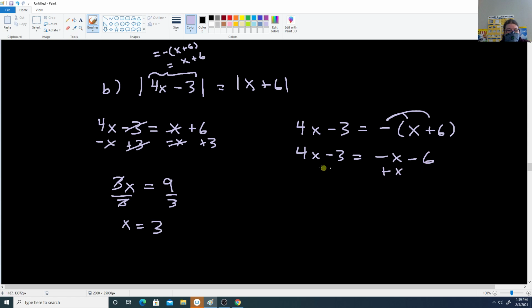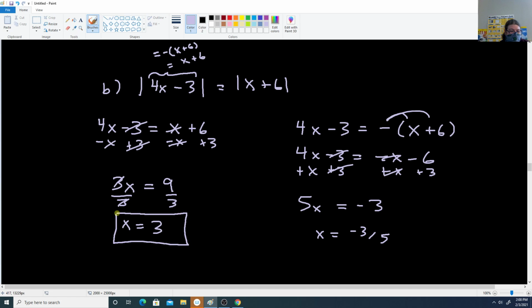I'll add the x across. So that'll give me 5x equals, I'm going to add the 3 back across. Negative 6 plus 3 is negative 3. Divide the 5 on over, and I get x is negative 3/5. And that will solve those types.